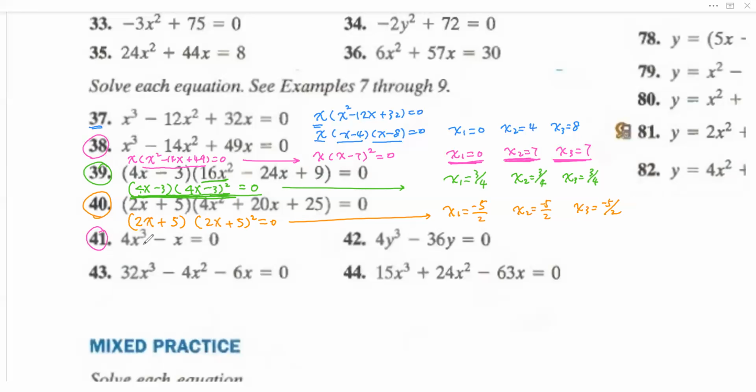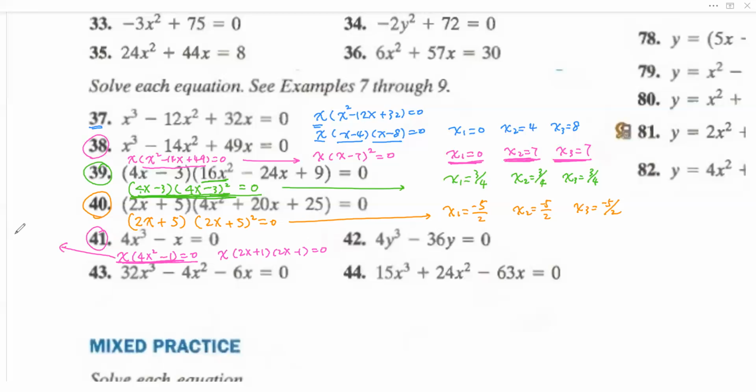41. For this one, first we can take x out. So we have 4x squared minus 1, right? We can factor this part further. 4x squared minus 1 can change to 2x plus 1 times 2x minus 1.